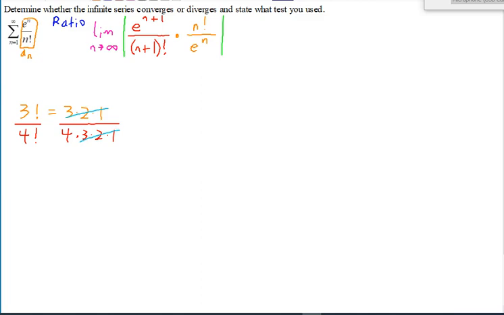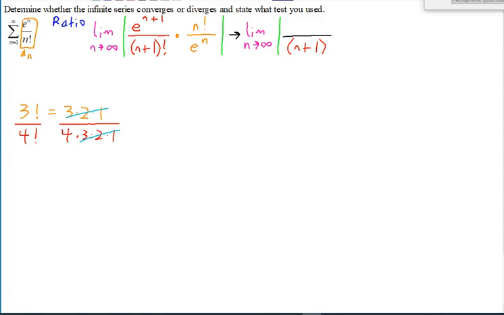So the way we can represent that here is the limit as n approaches infinity of the absolute value. The 4 is going to be on the denominator, which in this case is n plus 1 without the factorial. That's what's left. Then we've got e to the n plus 1 and e to the n.